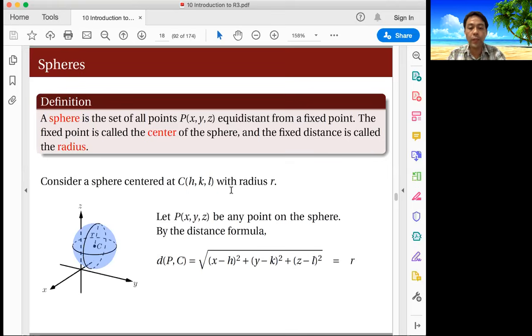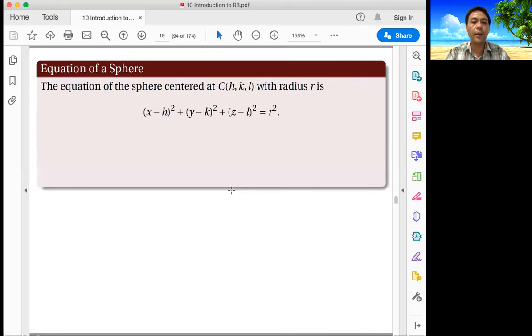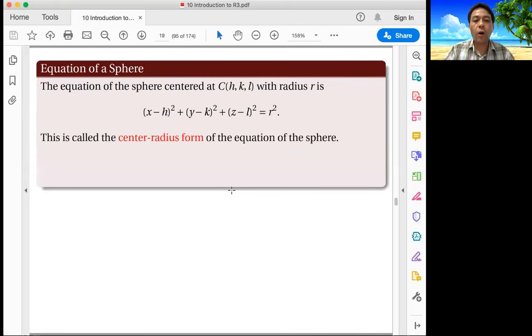Take note, the h, k, and l there are the coordinates of the center, while x, y, and z are the coordinates of the point on the sphere. And this will equal r for any (x, y, z) on the sphere. Now, squaring both sides, we get this equation. This is the center-radius form of the equation of the sphere.